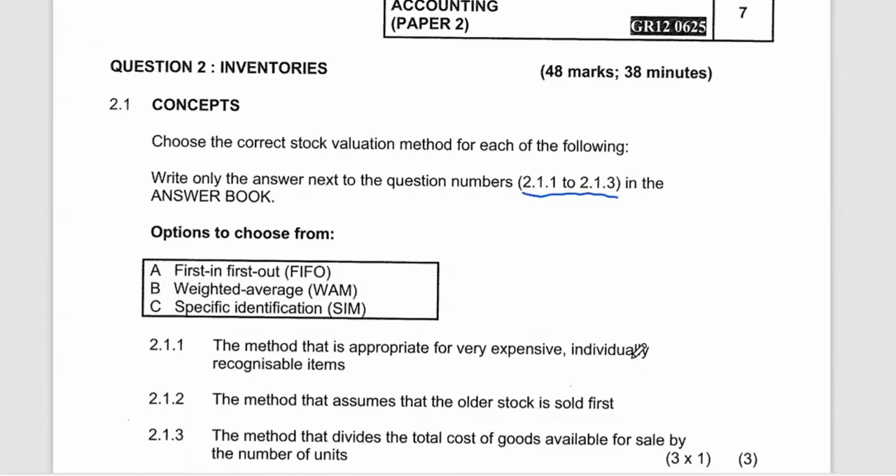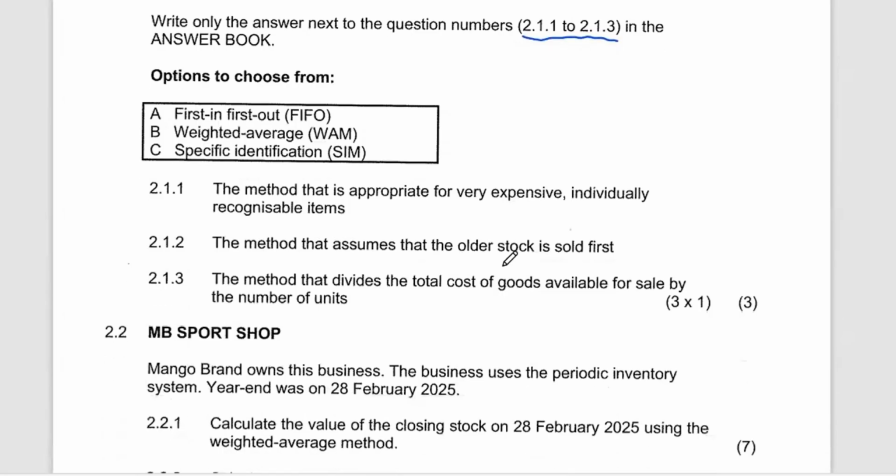Options to choose from. So 2.1.1, the method that is appropriate for very expensive, individually recognizable items. So 2.1.1, our answer will be the SIM, which is specific identification.